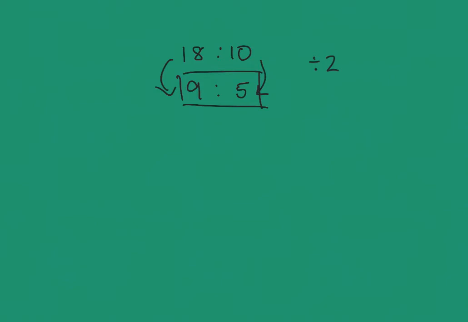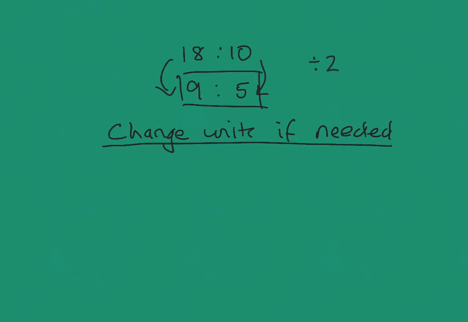So sometimes you have to change the units before you start. And what I mean by that is you must have the same units before you start. So if I start with $4.50, so one person had $4.50 and another person had 70 cents, I need to write them both in the same format first.